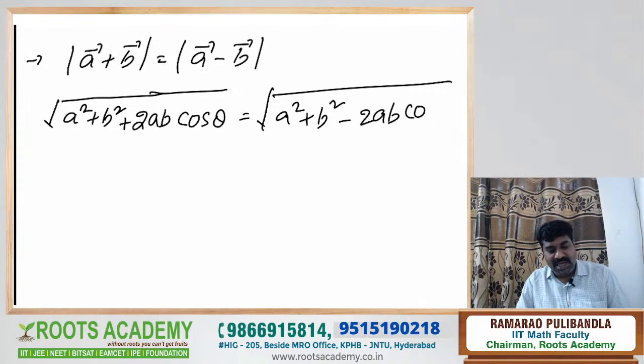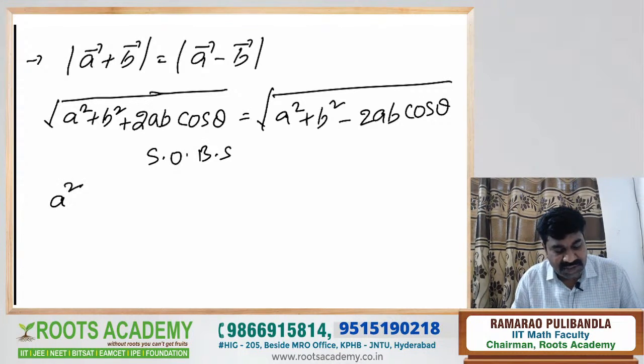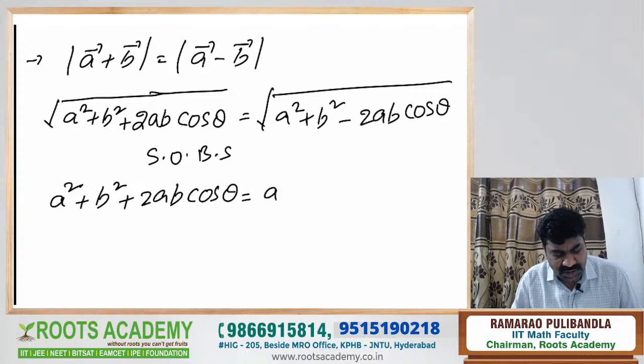Squaring on both sides, the square and square root are cancelled. A square plus B square plus 2AB cos theta is equal to A square plus B square minus 2AB cos theta.